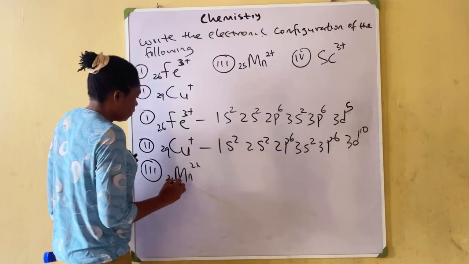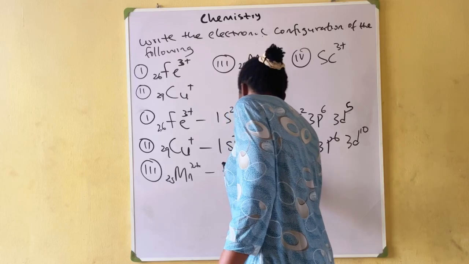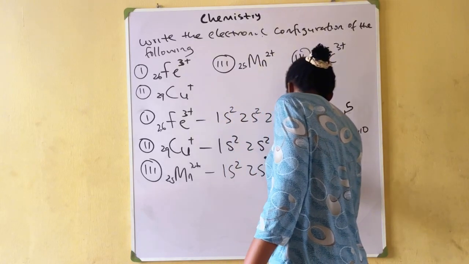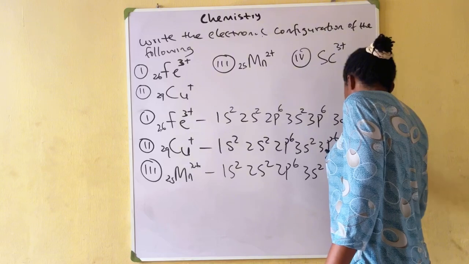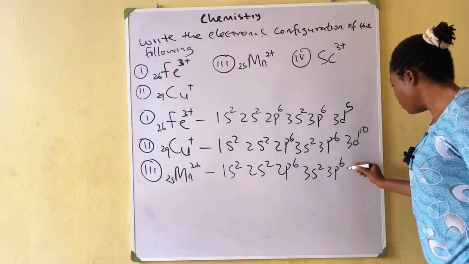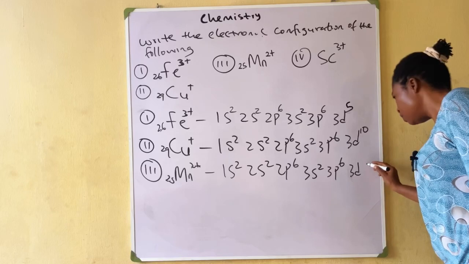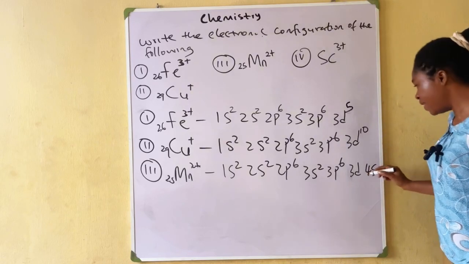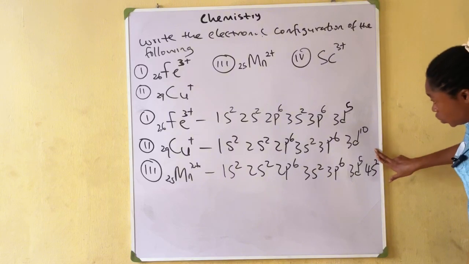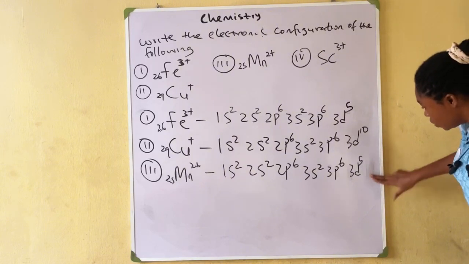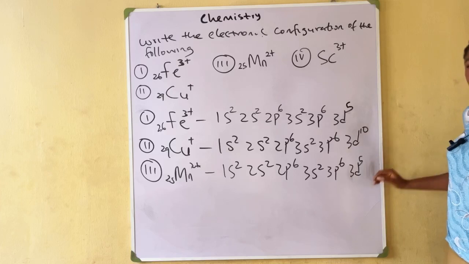Manganese is 25. We're going to lose 2 from the 4s, so this is the configuration for manganese 2 ion.